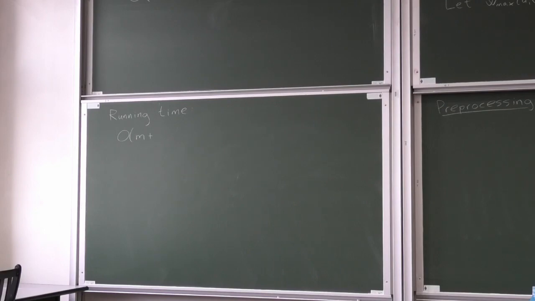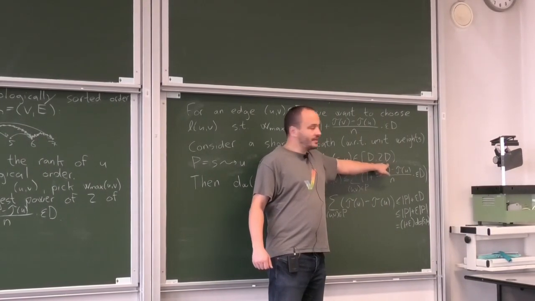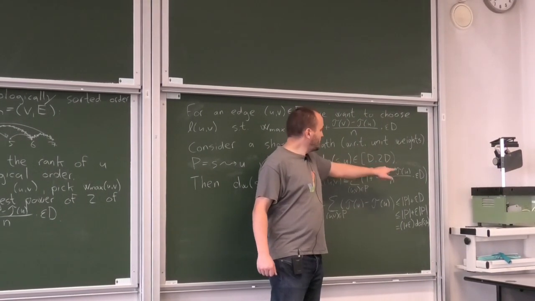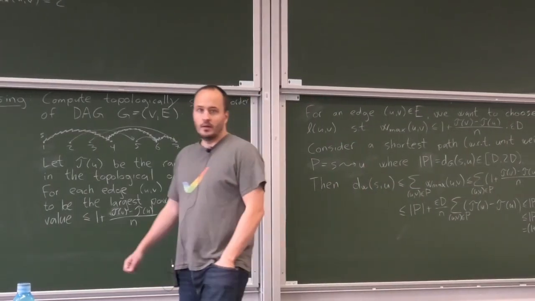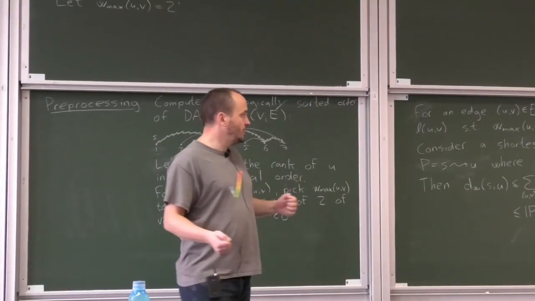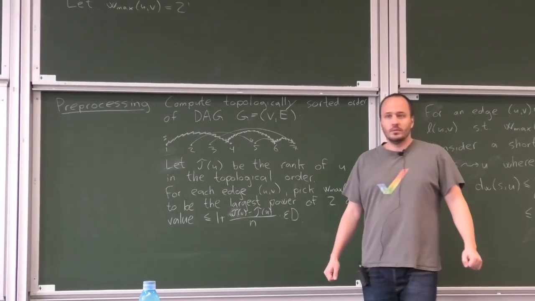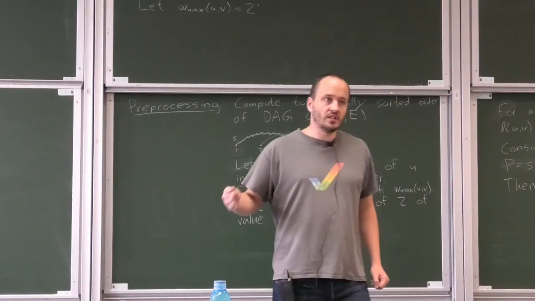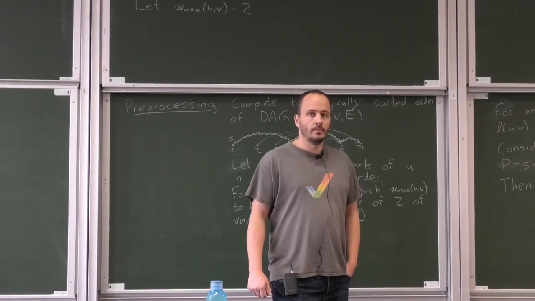So we assume that the true distance we care about is less than 2d, right? If the distance is larger than d, we don't need to worry about it. But how large can the approximate distance be? We know now that we get a 1 plus epsilon approximation. So what is the largest approximate distance we need to worry about here? 2d.